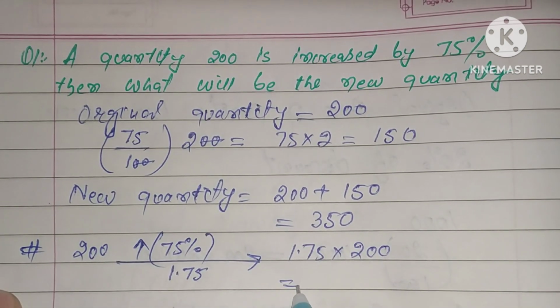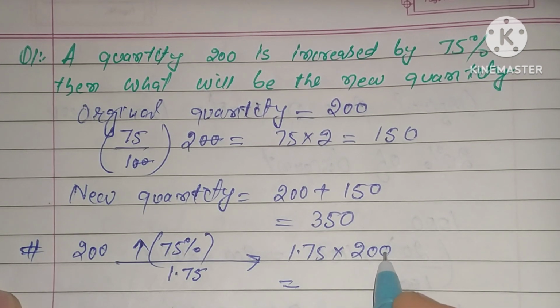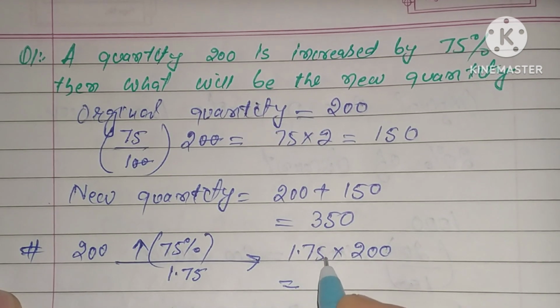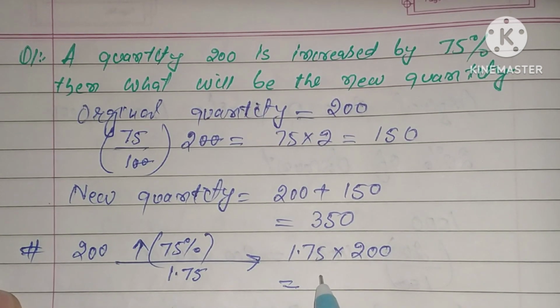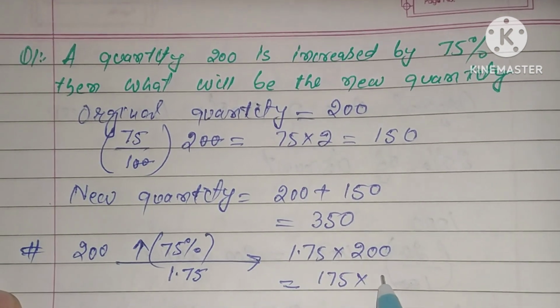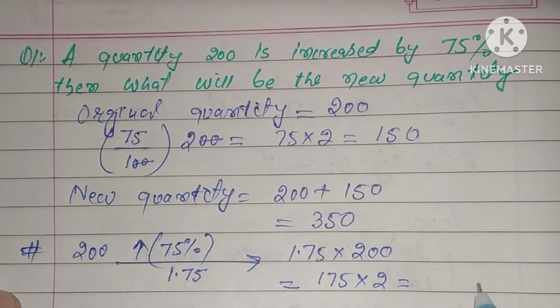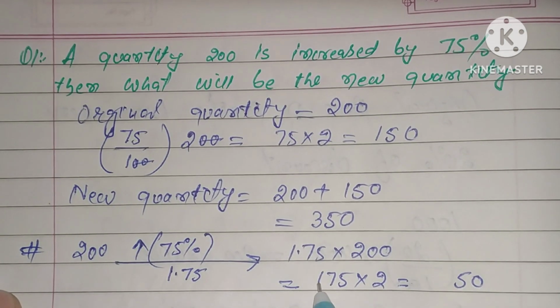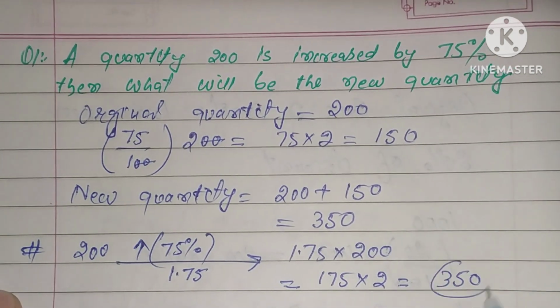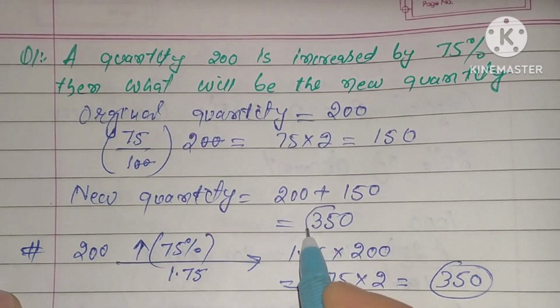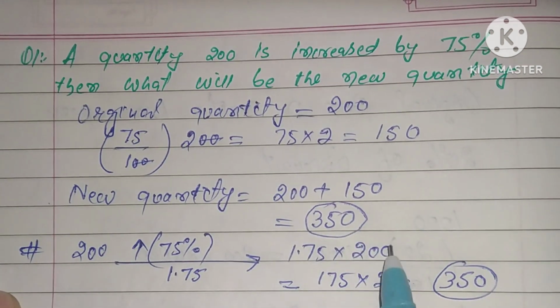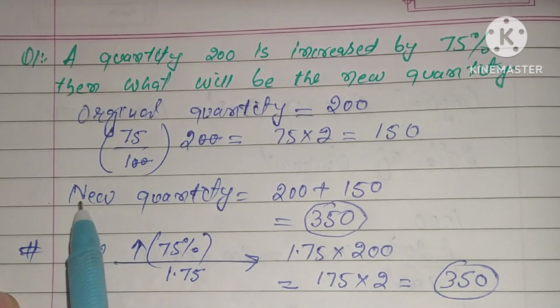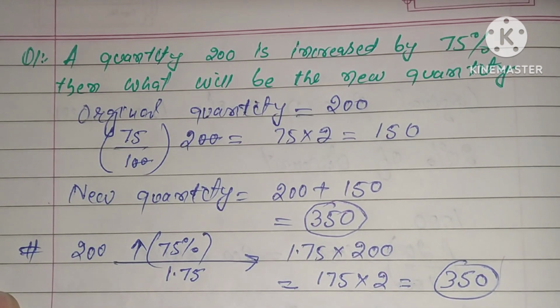So the new quantity will be, with 2 zeros and 2 decimal places, 175 into 2, which is 350. Here the answers are the same. You can adopt this approach or this approach.